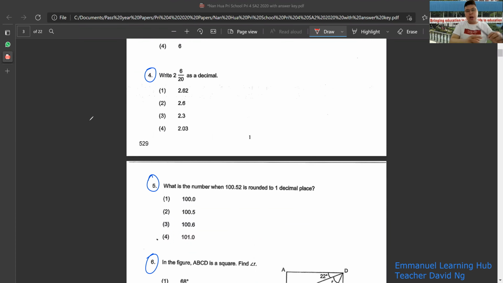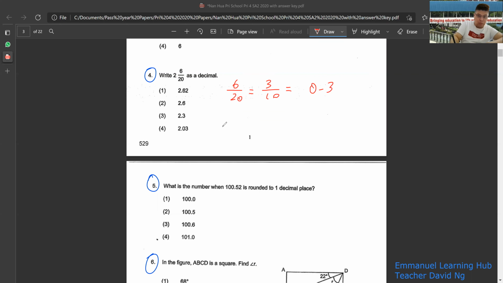If they tell you to write 2 and 6/20 as a decimal, 6/20 is actually 3/10. You understand why 6/20 is 3/10? No? Yes. 3/10 in decimal is 0.3.